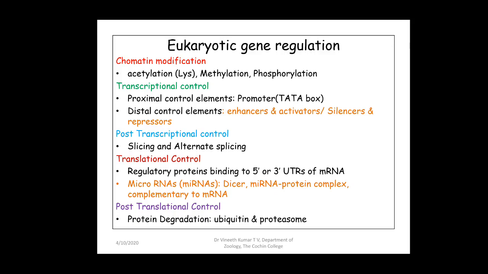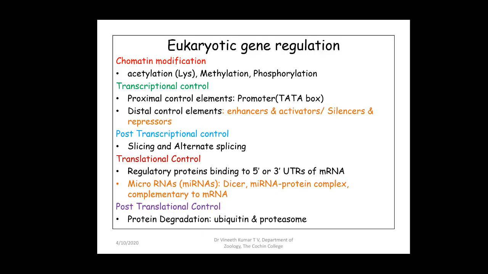The next is translational control. That means you can regulate whether that particular mRNA should be translated or not. The last is this: the gene was transcribed, mRNA was produced, it was translated, and the protein was produced, but suddenly the cell no longer needs that protein or enzyme.